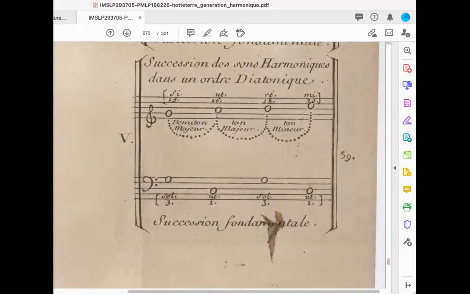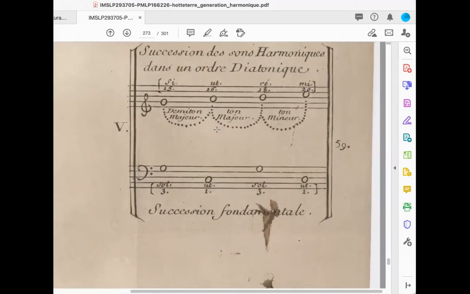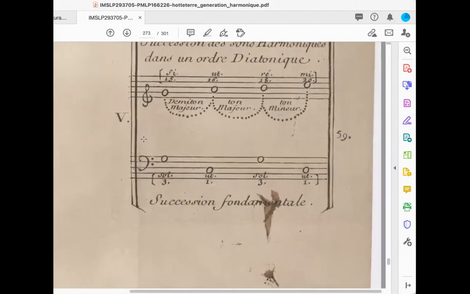The major tone connects the fifth to the major sixth. The minor tone connects the, no, I'm sorry, I said that wrong. The major tone connects the fourth to the fifth, and the minor tone connects the fifth to the sixth. And basically all dissonances for Rameau are seconds, or rather sevenths. We'll get back to that a little bit later on because it's important for his theory of dissonance.